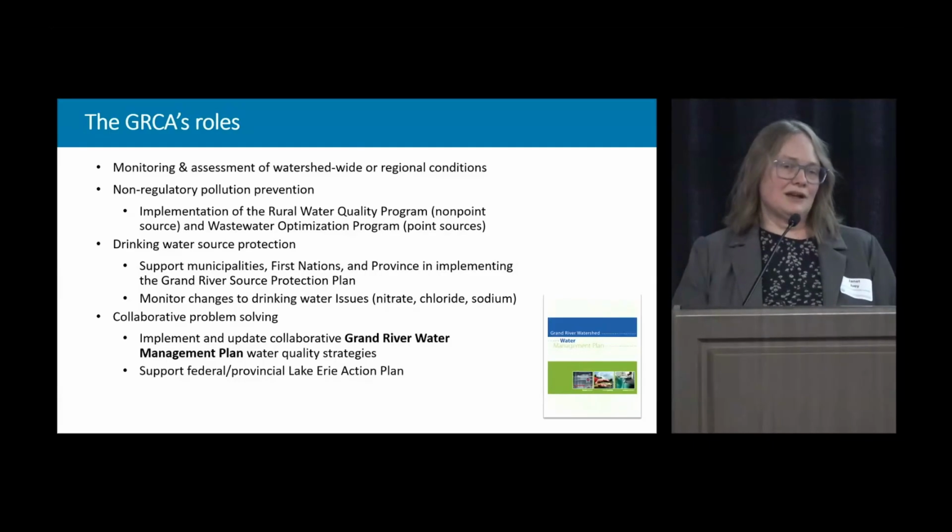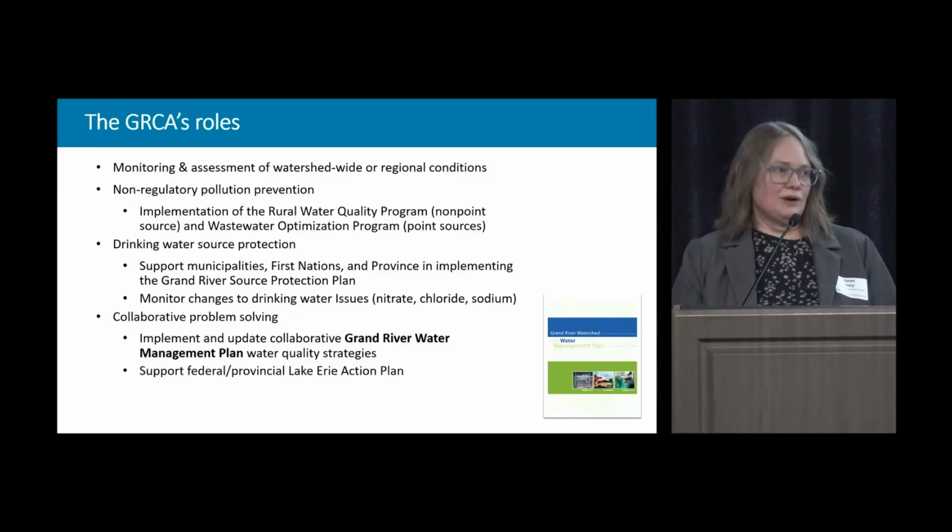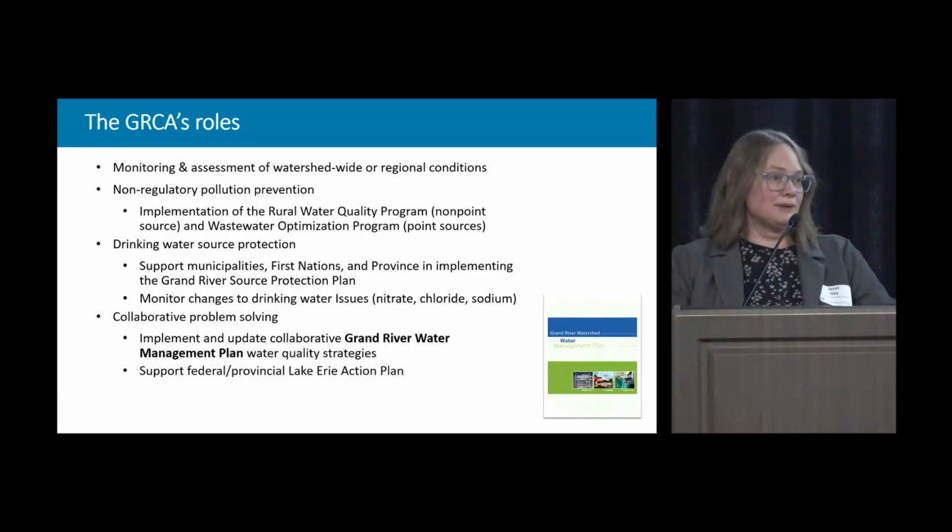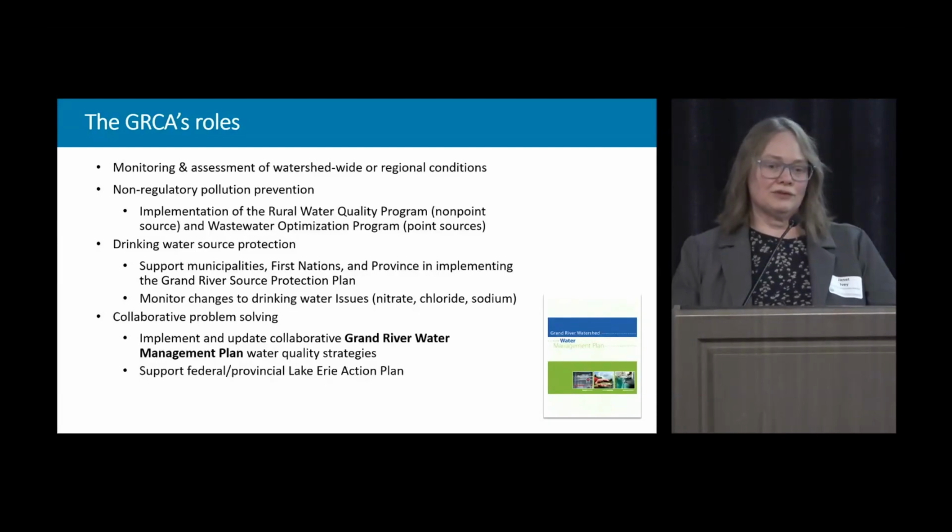But collectively together, we have a forum through the Grand River Water Management Plan to talk about shared management actions and start to align our actions. So that's what the Water Management Plan does, kind of lines up with municipal master planning at the water supply, wastewater and stormwater level.